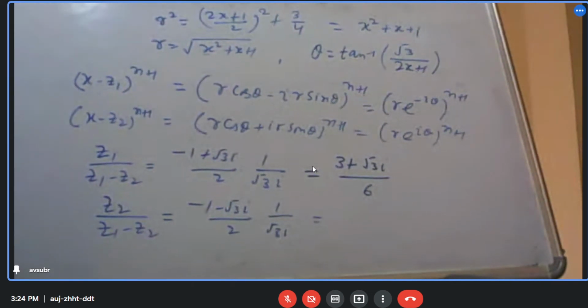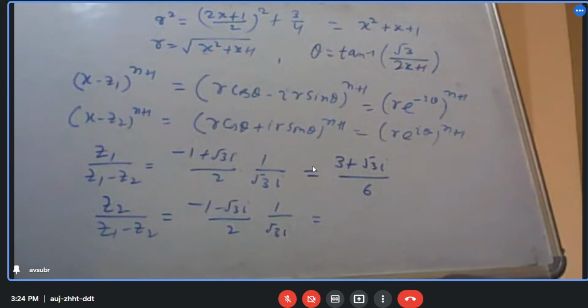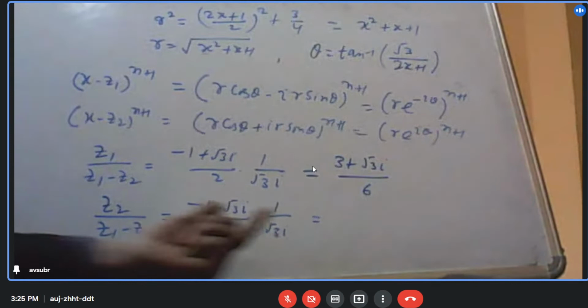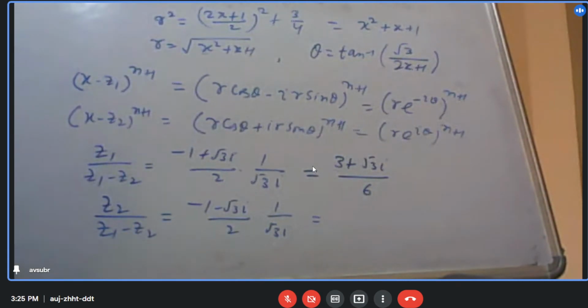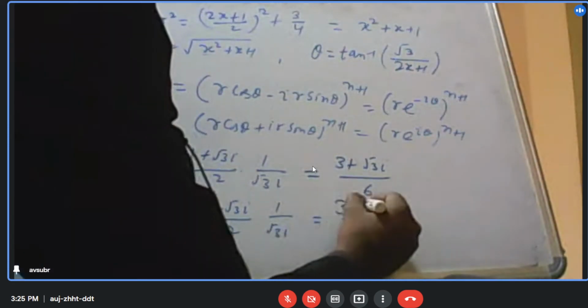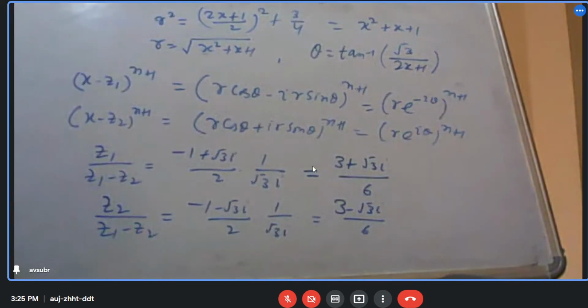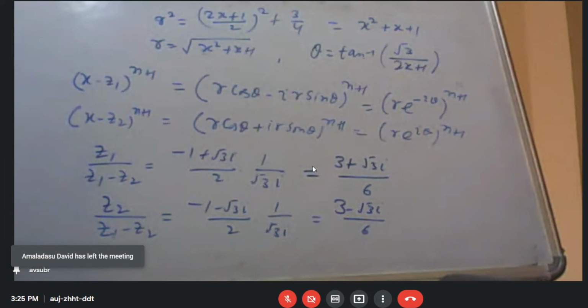So what we will get? z1 minus z2 is root 3 i. Upon simplifying, I will get 3 minus root 3 i by 6. All right? Yes, sir.